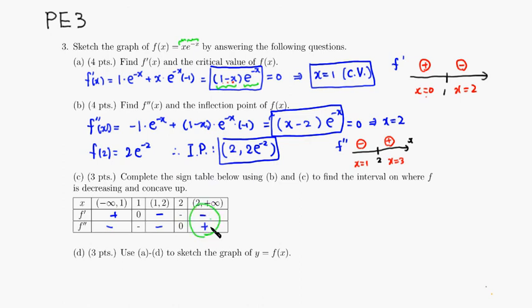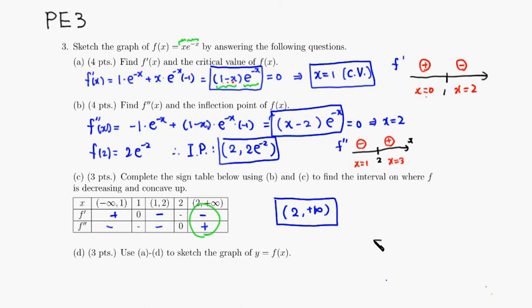So f is decreasing and concave up on the interval from 2 to positive infinity. Then use parts A through D to sketch the graph of y equals f of x. So let's sketch that.